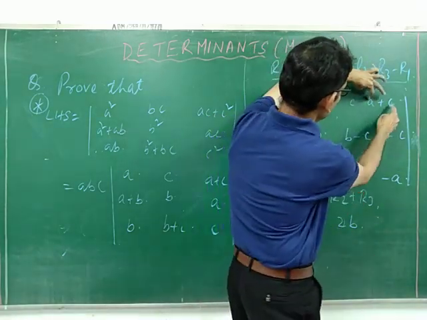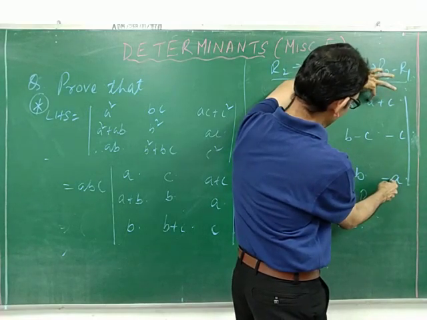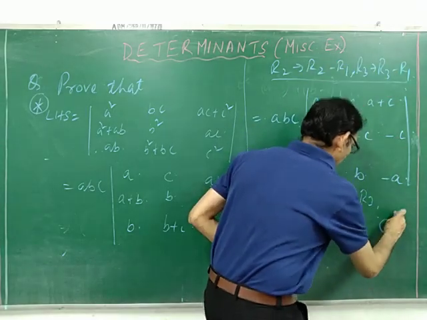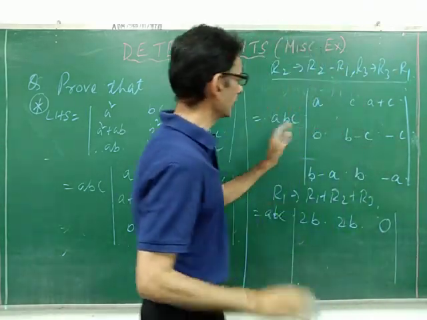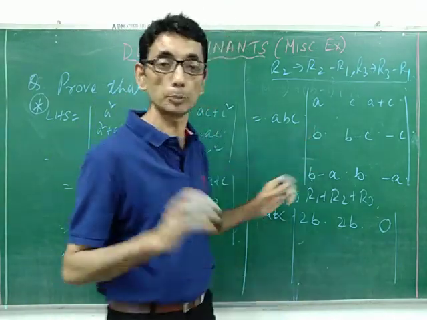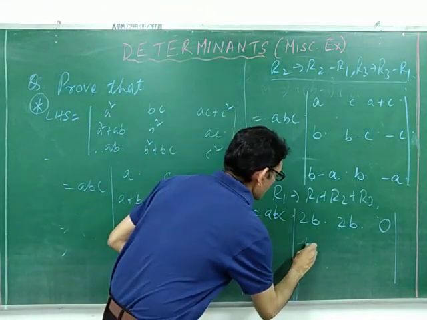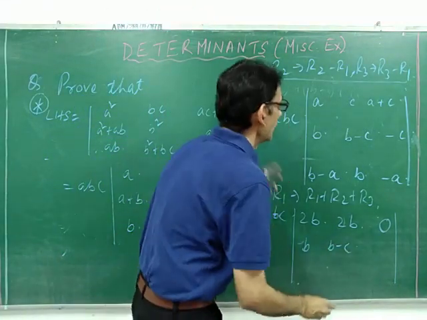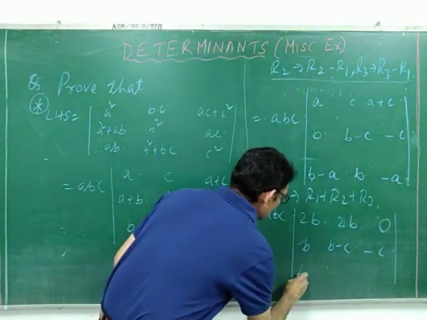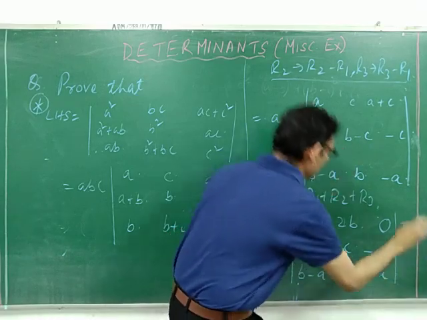And if you add this, A plus C, then minus C minus A, A cancels out, plus C minus C gets cancelled out. We are going to get 0. And remember, we are not making any changes to row 2 and row 3. So please write row 2, row 3 as it is. So it's B minus C and minus C. Done? Okay, that is B minus A, then B minus A.